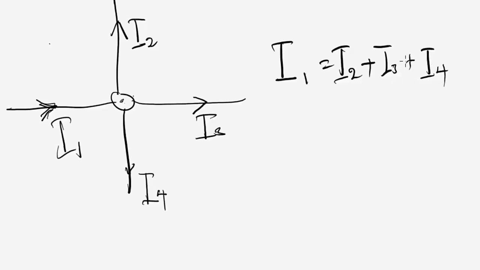Now let's talk about the second rule. The second rule, on the other hand, actually deals with the potential drop across the resistor in the circuit, and is based on the law of conservation of energy. I'll go ahead and write this, then I'll state the law.